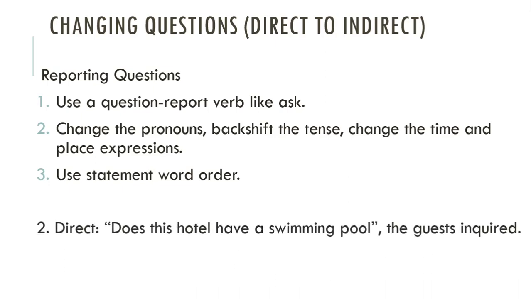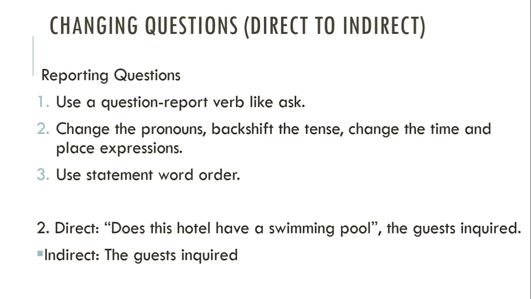So here we have another example. Does this hotel have a swimming pool? The guest inquired. Okay, we will say the guest inquired, does this hotel have a swimming pool? So we can answer this. This is a type of yes/no question.